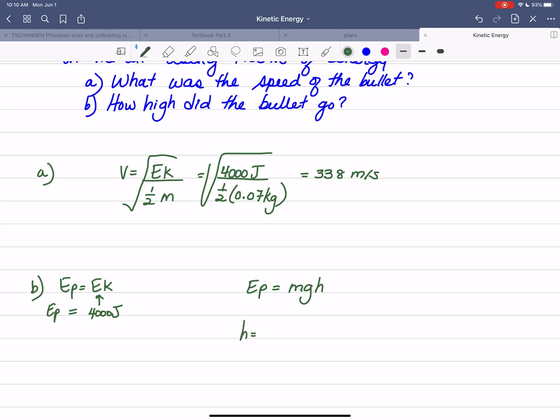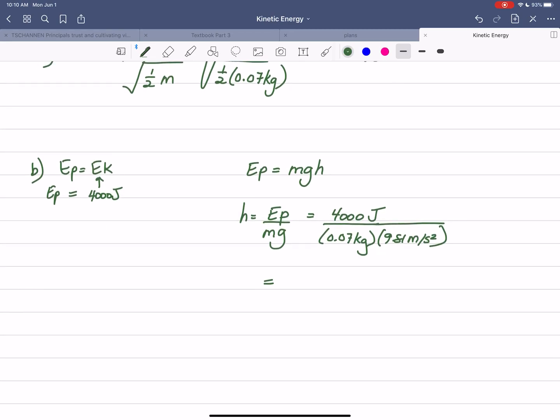I'm looking for H, so EP divided by M and divided by G should give me the H. Okay, manipulating the formula there. 4,000 joules divided by 0.07 kilograms, and then again, 9.81 meters per second squared. And the bullet went 5.82 times 10 to the 3 meters high, or you could say that it went 5.82 kilometers in the air.